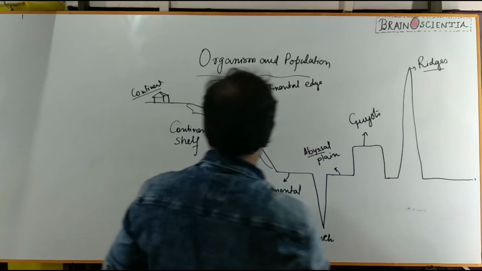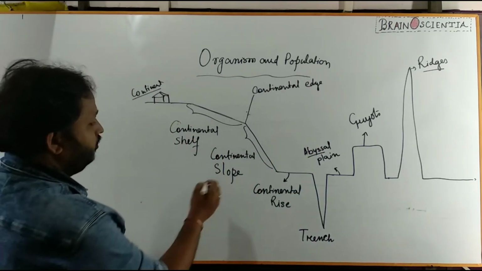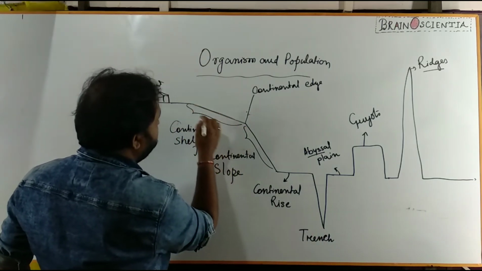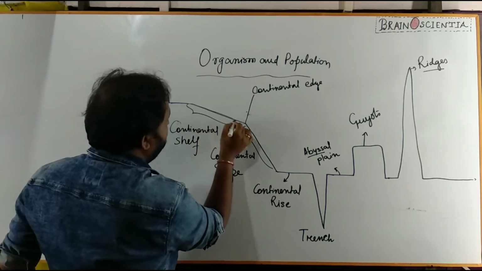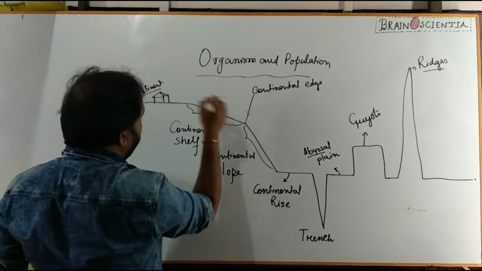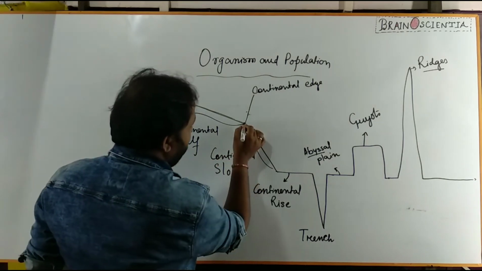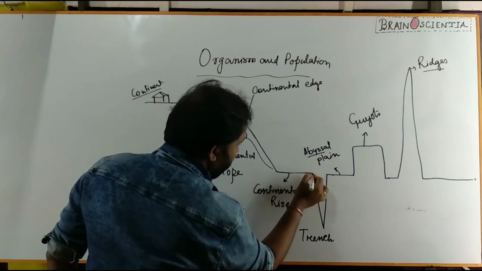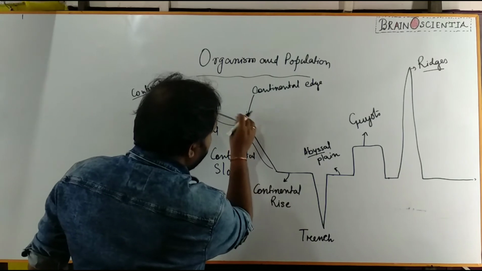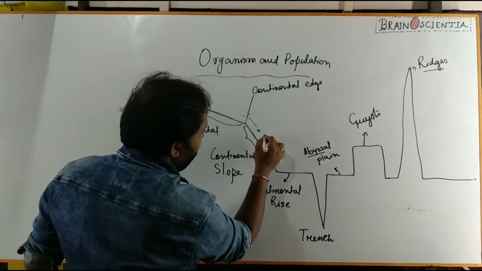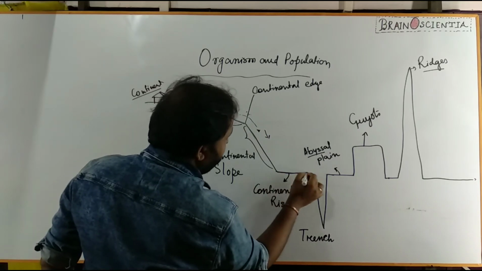Let's see why these structures are formed. There is a little bit of slope in this region, and there are some zones we will discuss in the next part of the class. And why there is a rise, I will tell you here. Because there is a sudden slope, sand and other deposits reside there.